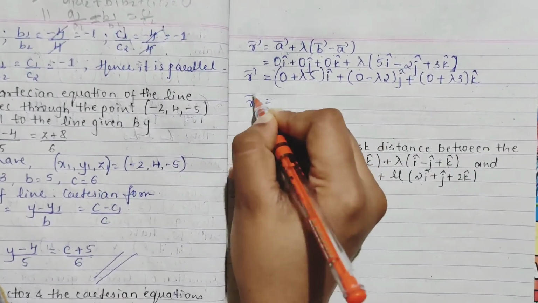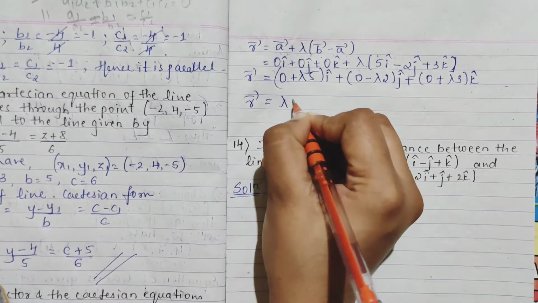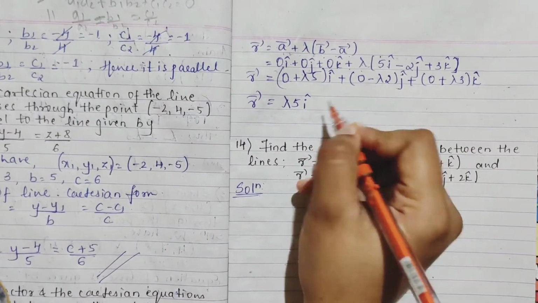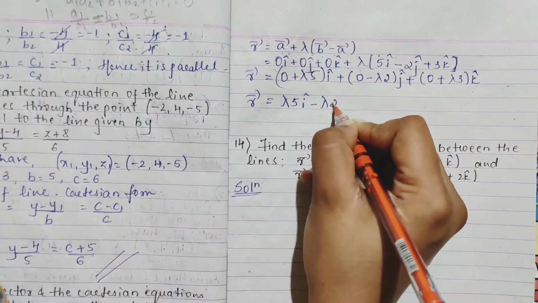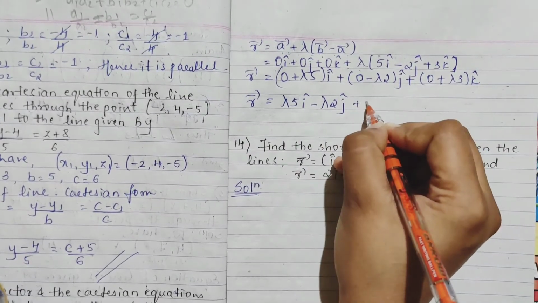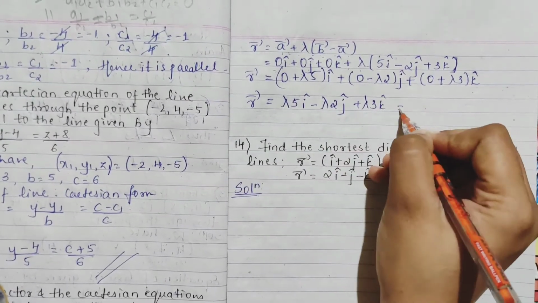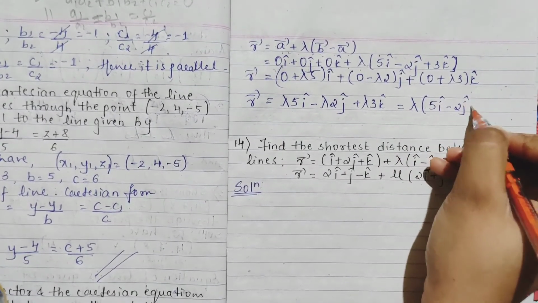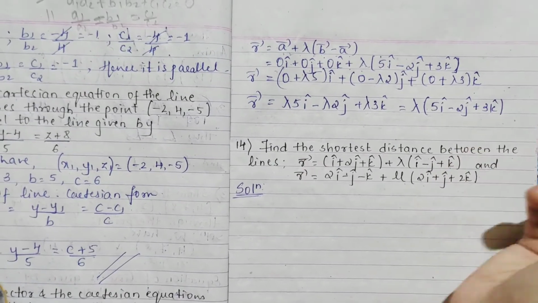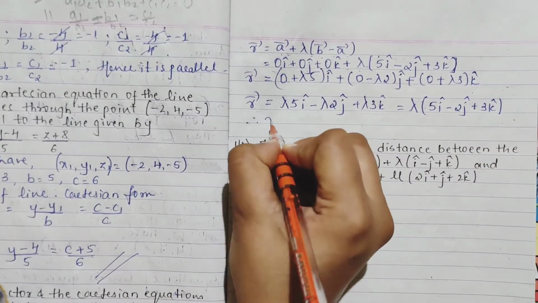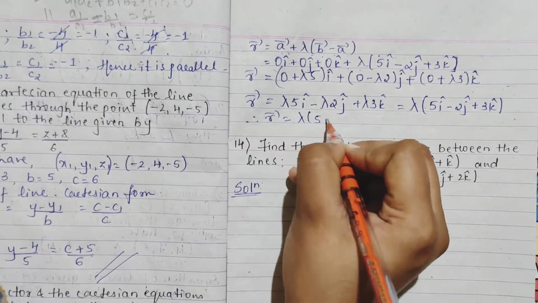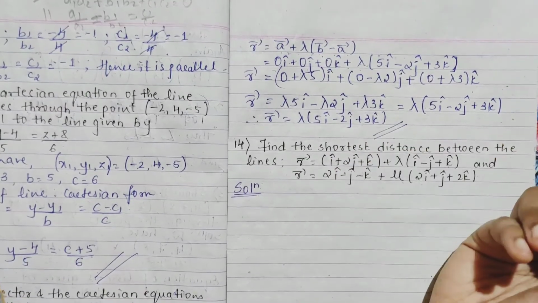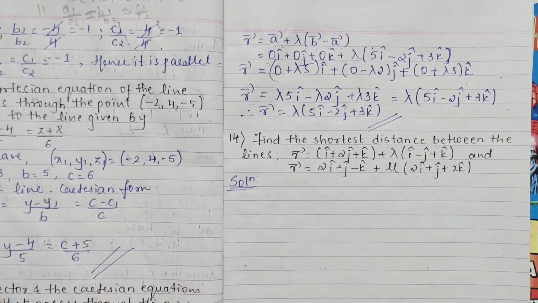So in short, 0 plus lambda 5 is lambda 5 i cap, then minus lambda 2 j cap, again plus lambda 3 k cap. If I take lambda as common, I will get 5 i cap minus 2 j cap plus 3 k cap. So this is my vector form: lambda of 5 i cap minus 2 j cap plus 3 k cap. Right, so this is your vector form.